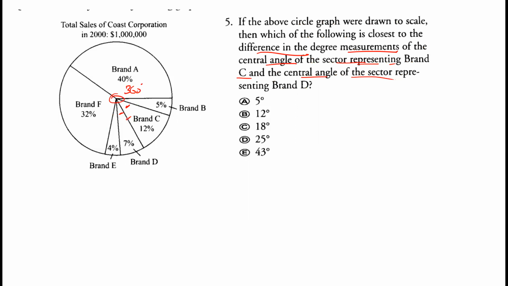Now, what is the difference? 12 minus 7 is 5, so the difference is 5%. So what will be 5% of 360? 360 into 0.05 is 18 degrees. So option C is correct.